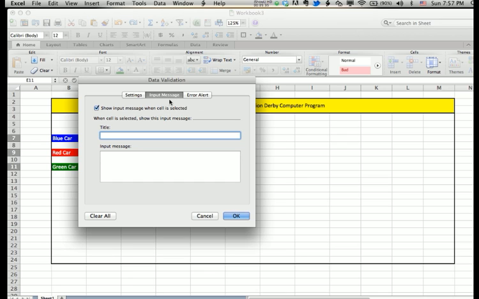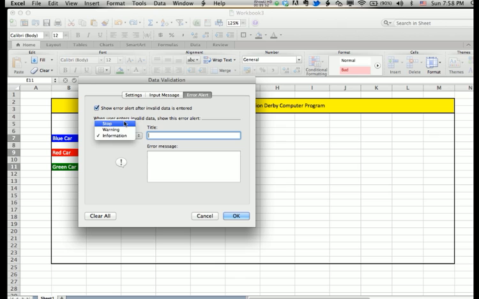I generally don't use the input message. I know some of you have in your programs and you kind of like it, and that's great. Go ahead and use it if you want. We definitely want an error alert, and we want to stop them. There's stop and there's warning. Here's what warning looks like. Here's information. We actually want the stop. I think Excel has it so that it definitely stops them and doesn't allow them to do it.